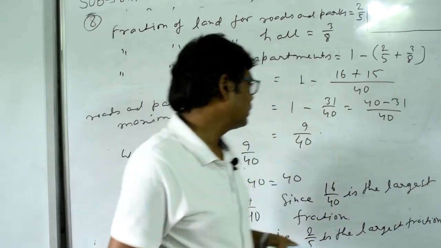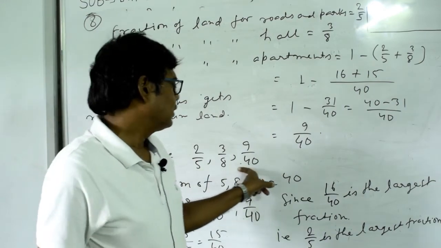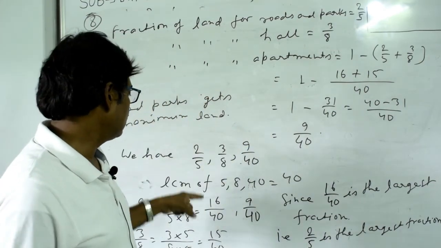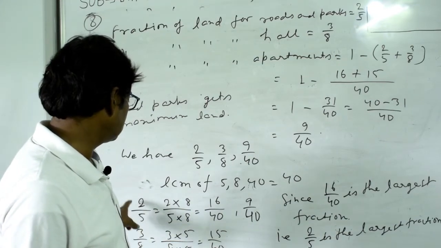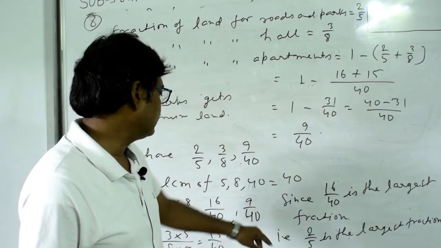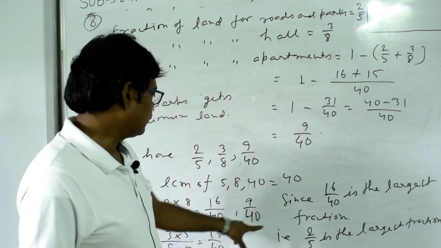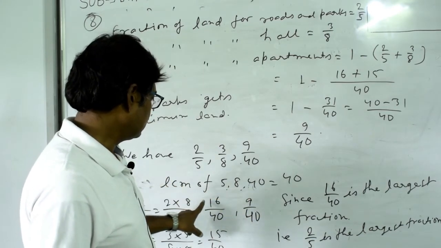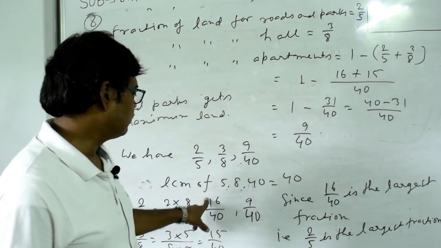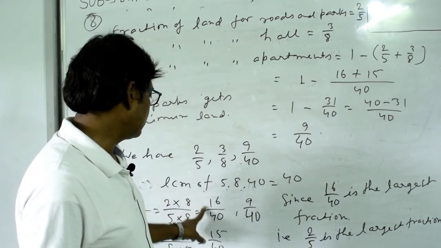So for this again we will make them like fractions. Only after making like fractions can we compare them. So here I have made them like fractions: 2 by 5, 3 by 8, and this is already 9 by 40 here. So this is 16 by 40, this is 15 by 40. Now if you see from these three fractions, here 16 is the largest number, so this fraction is the largest fraction, and this is the value of 2 by 5.